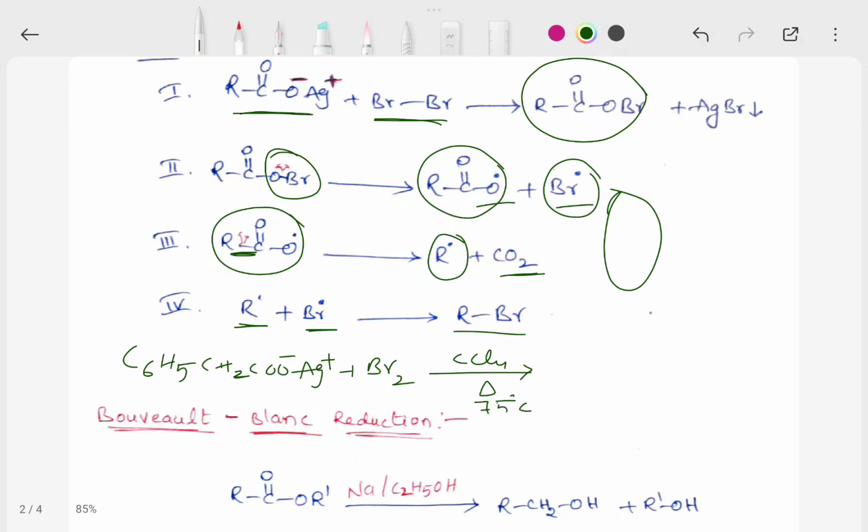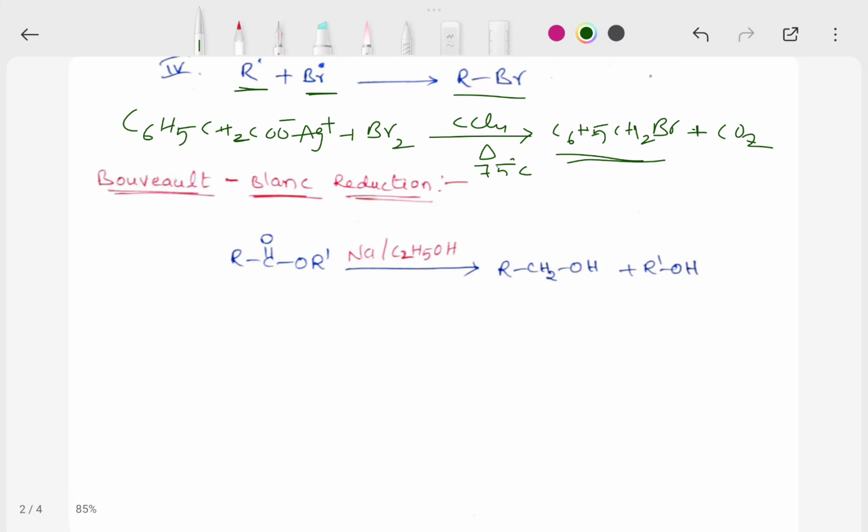What is the product? C6H5CH2Br, that is benzyl bromide, is formed. This reaction is the Hunsdiecker reaction.